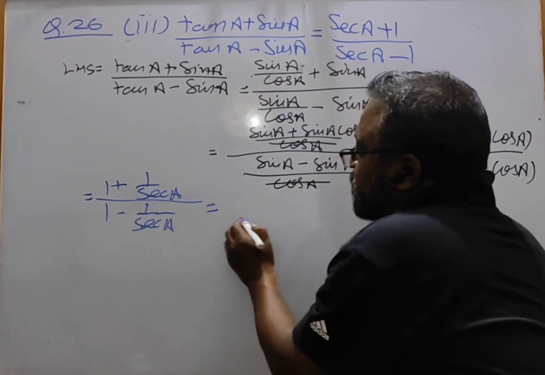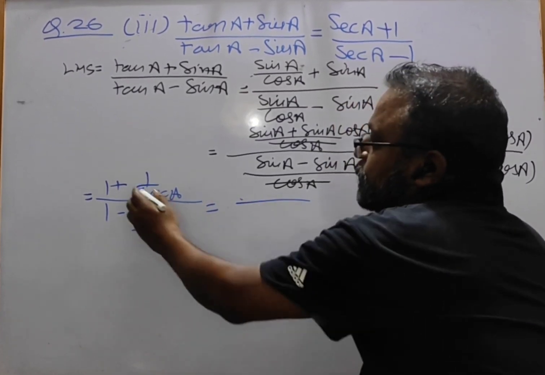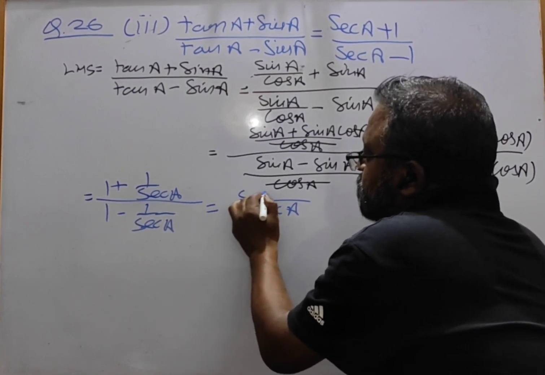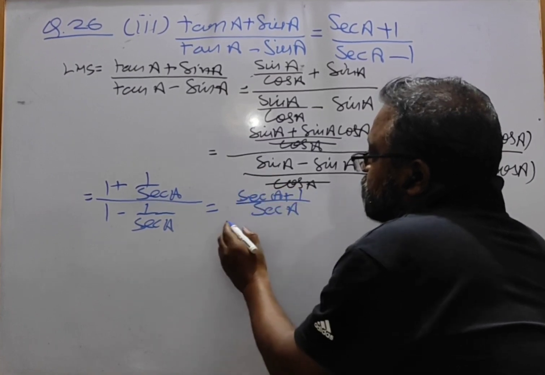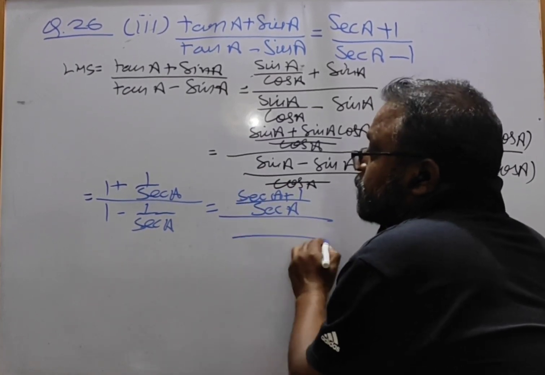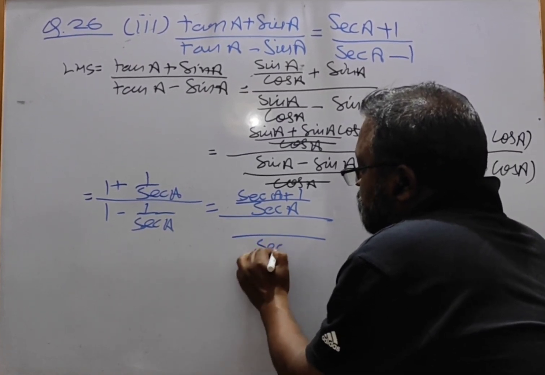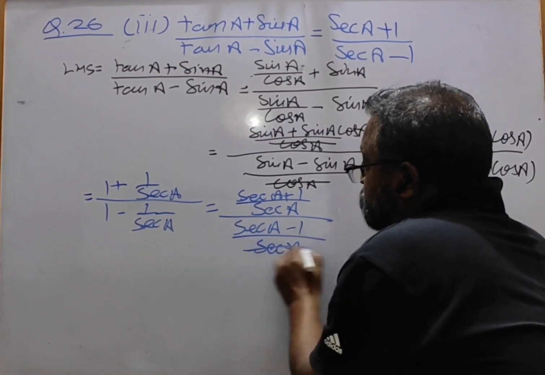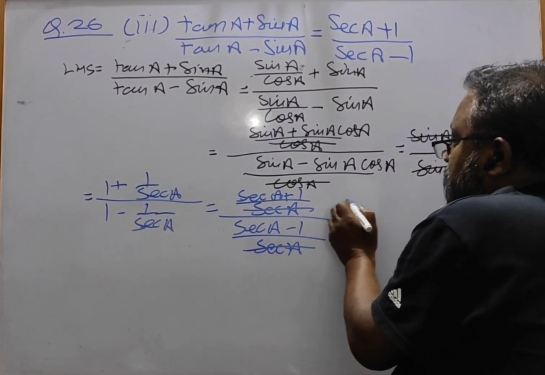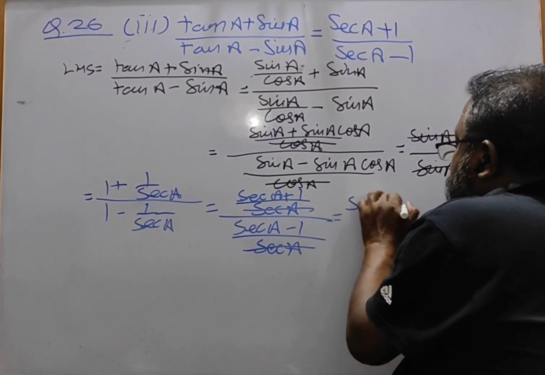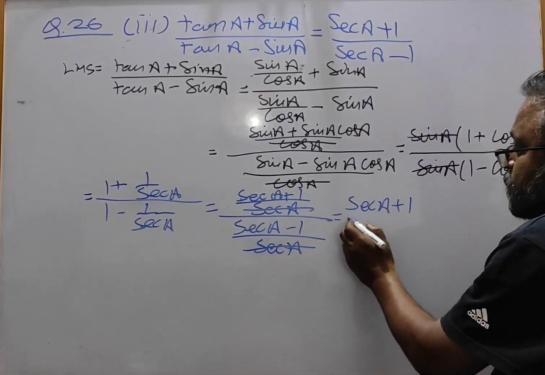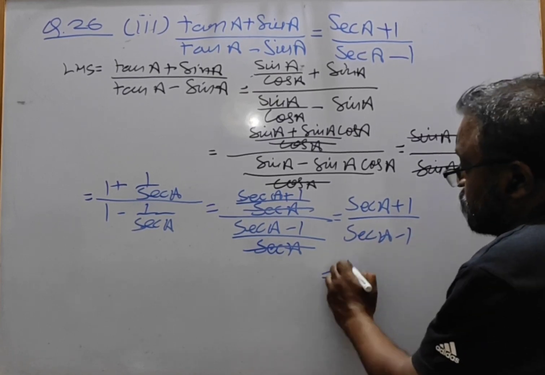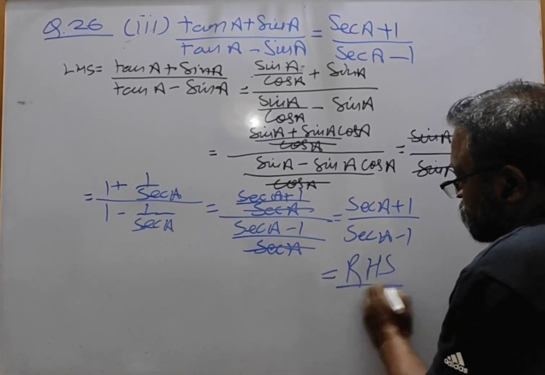Now in the numerator we take sec A as a common, so it becomes sec A plus 1, and in the denominator sec A as the LCM, so it becomes sec A minus 1. So sec A cancelled out, and you get sec A plus 1 upon sec A minus 1. That is equal to RHS. Get it?